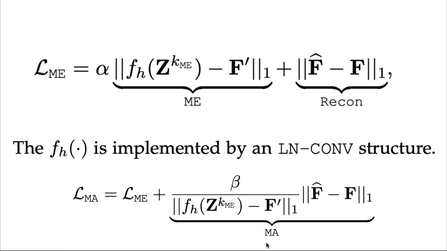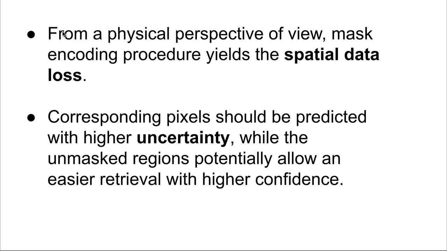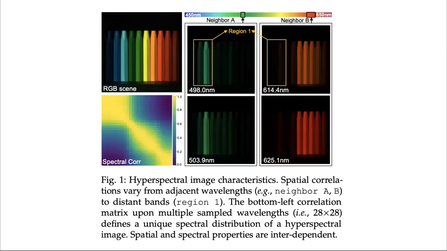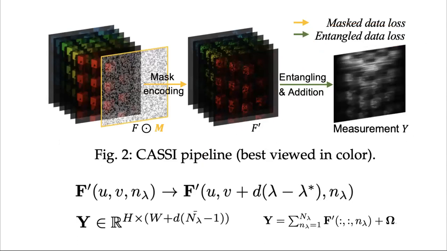Let's go to MA because I guess there's some confusion. Now let's look at the physical perspective. The mask encoding procedure uses the spatial data loss. If you go back to here, we have some mask encoding and we have some data loss here because of the mask.